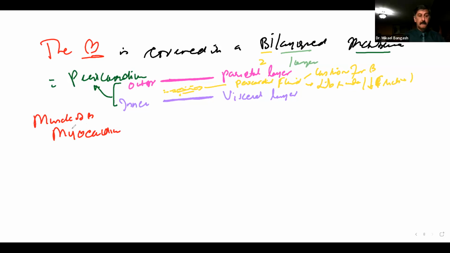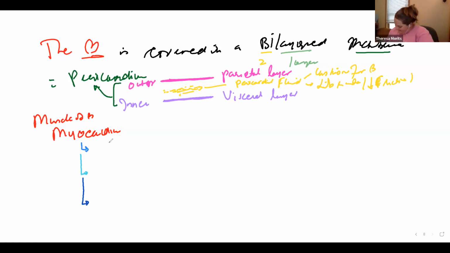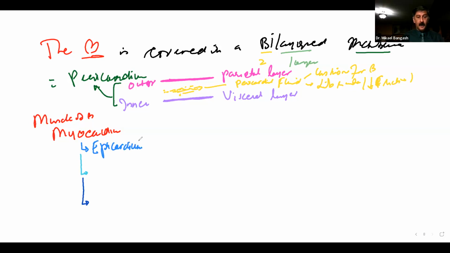Now, guys, the myocardium or the muscle of the heart is going to be divided into 3 layers. Are you guys following me? Yes. Good. So the outer layer of the myocardium is called the epicardium.